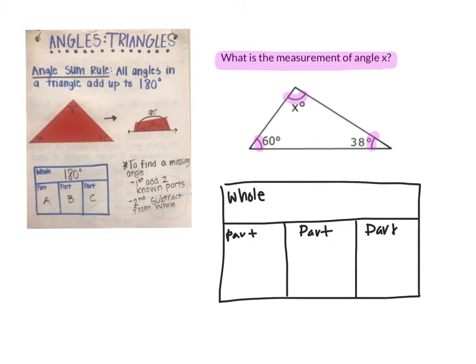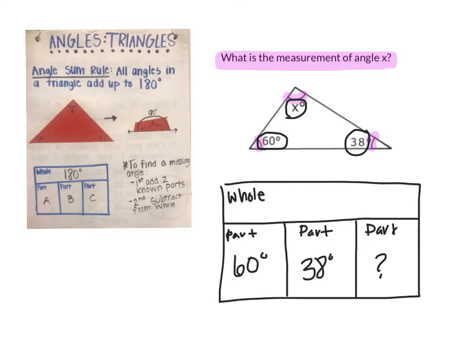So let's go ahead and fill in what we know. We know that one of our angles is equal to 60 degrees. We know another one of our angles is 38 degrees. It's going to be another part. X is our variable. That's what we're going to be solving for. I'll put a question mark there.